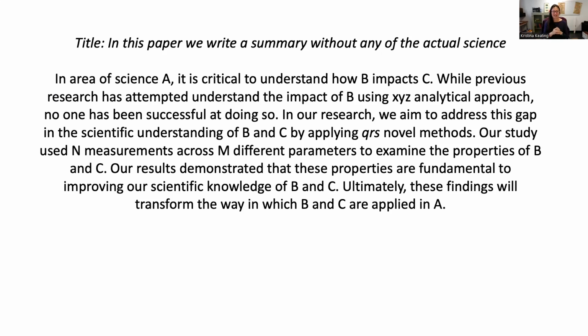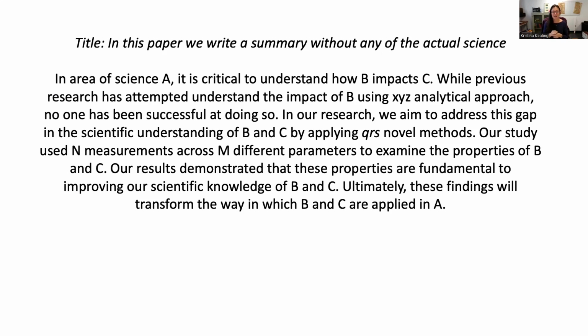The title of my paper is, "In this paper, we write a summary without any of the actual science." In area of science A, it is critical to understand how B impacts C. While previous research has attempted to understand the impact of B using XYZ analytical approaches, no one has been successful at doing so.